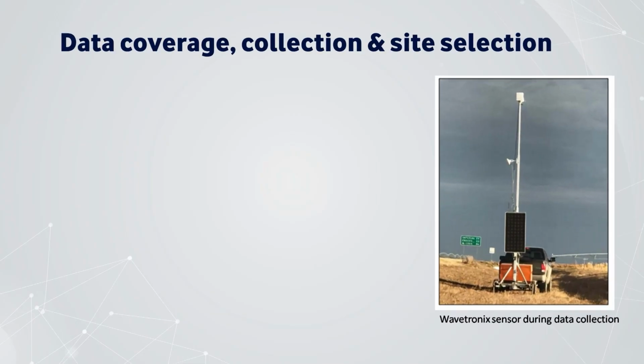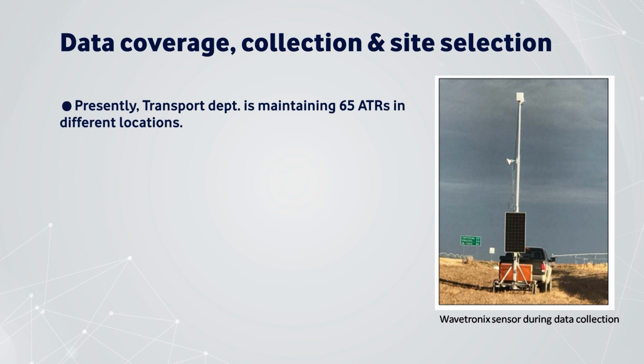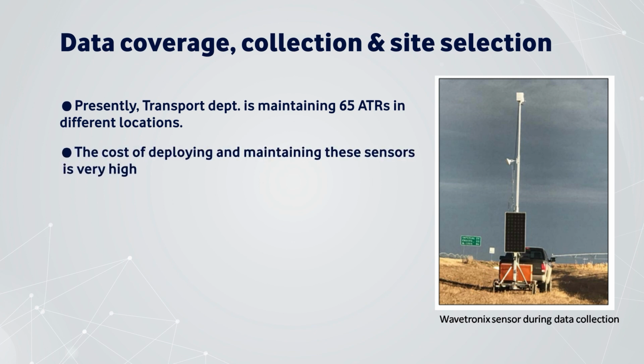So if you look at the data coverage, collection and site selection part, the Transport Department is presently maintaining 65 automatic traffic recorders in different locations. And we know that the cost of deploying and maintaining these sensors is very, very high as compared to probe data.